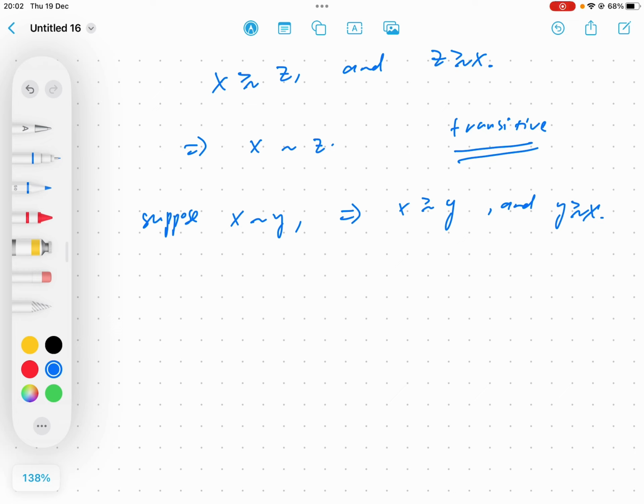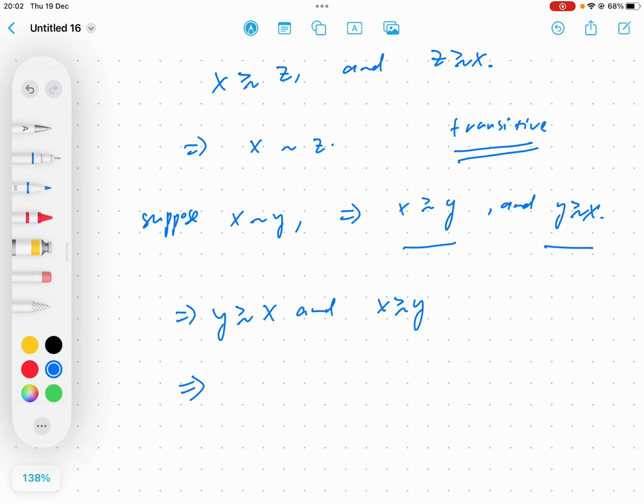Then we can simply exchange the order of those two, so we can just write it the other way around, and it still holds, because we can simply change the order of the 'and'. So y is weakly preferred to x and x is weakly preferred to y.